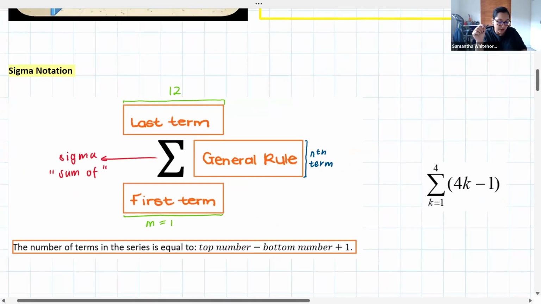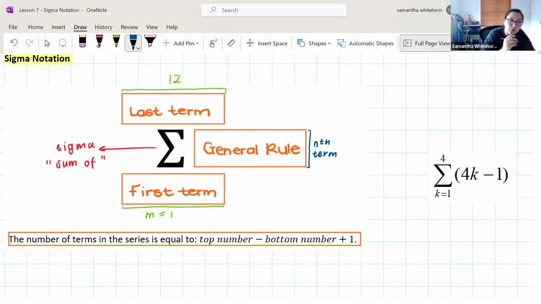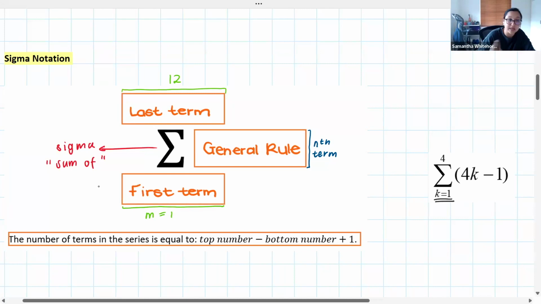So if we have a look at an example here on the side, this is an example of a sigma notation that we would need to understand. Remember, all this is maths language, so translation from English to maths. That is all this is. So if we have a look at what we've been given, we have k equals 1, so that's where I start.